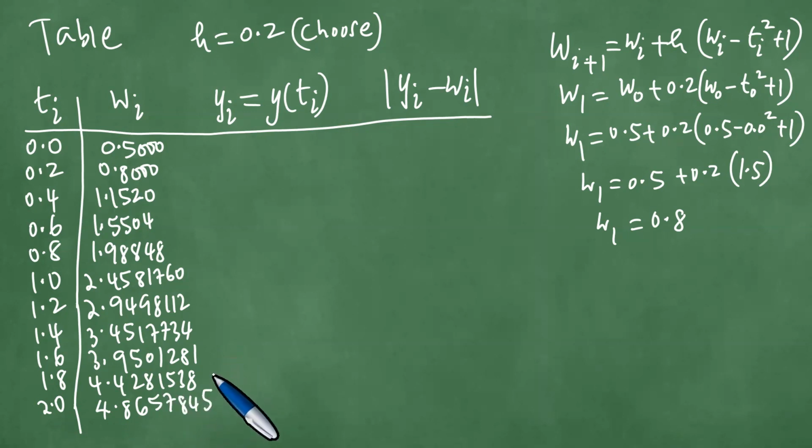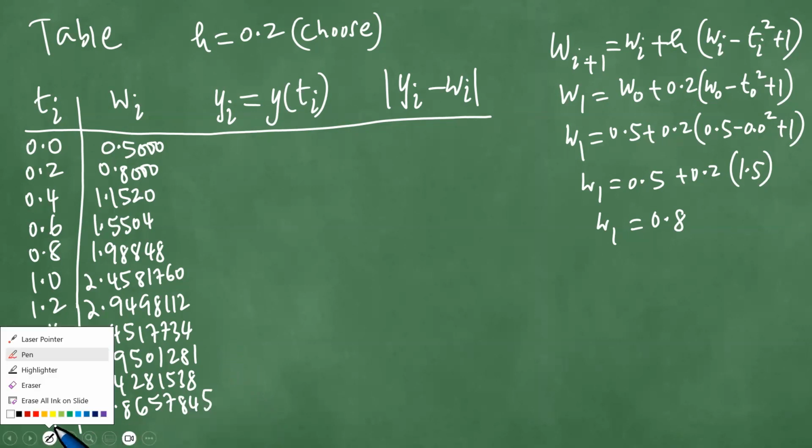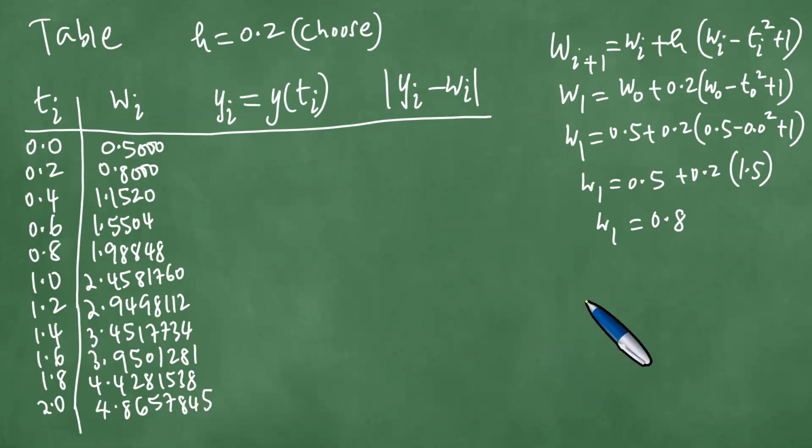Okay, now we need to remember something. What we remember is the exact one. What is the exact solution to the differential equation? So we saw that y at t, right, I just try to write that a little bit clearly here. So we remember that y at t is equal to what?